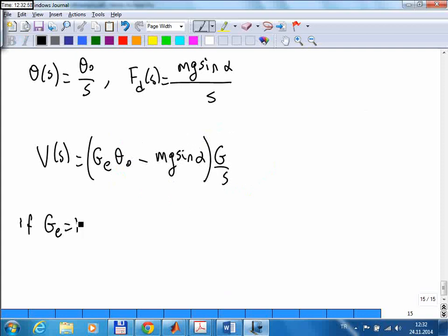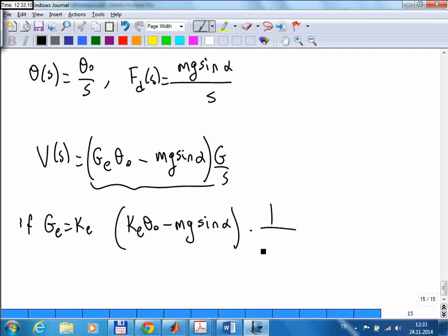If G is equal to KE, and this part is going to be, okay. So let me just stop here, and I will continue from here tomorrow.